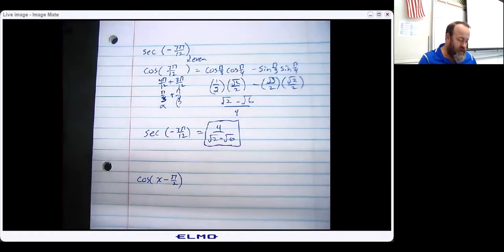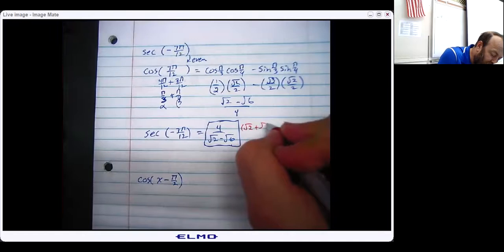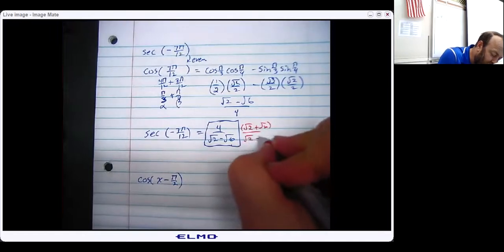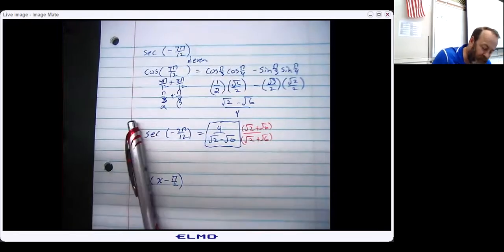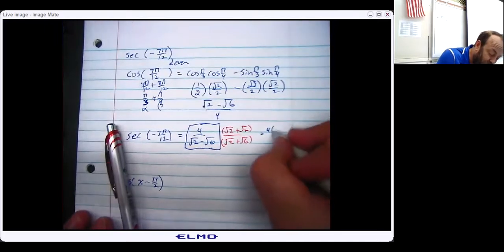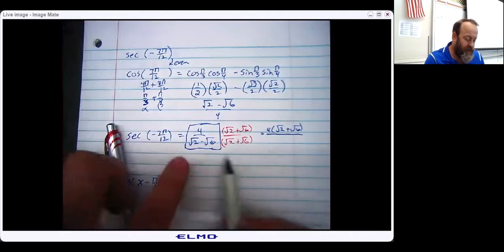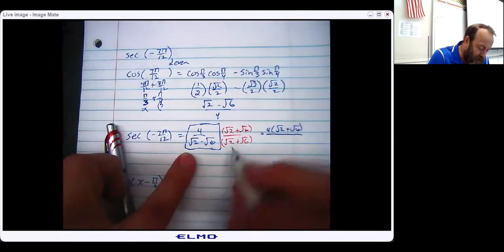But if we wanted to go just a tiny bit further by multiplying by its conjugate, something really kind of nice happens. In the numerator, we have the root 2 plus root 6, and I'm not going to deal with it. But if I distribute out the denominator, I get 2 here.